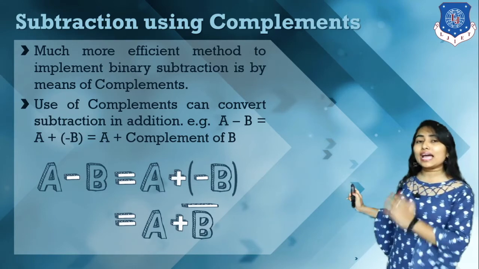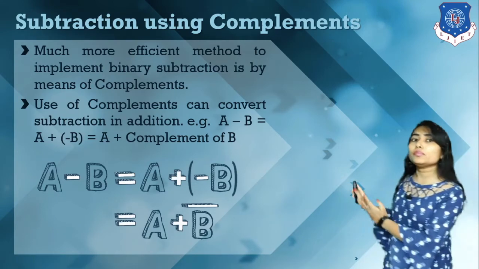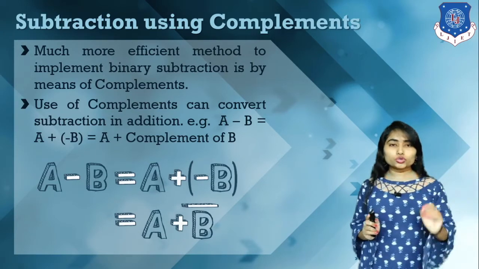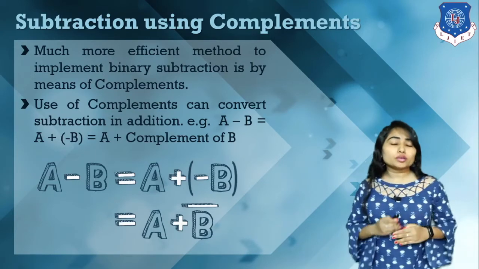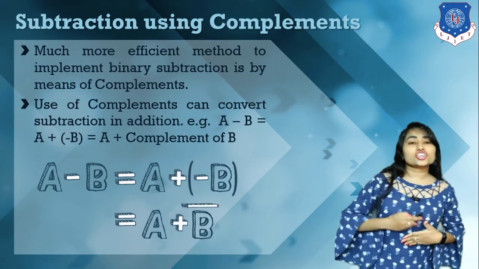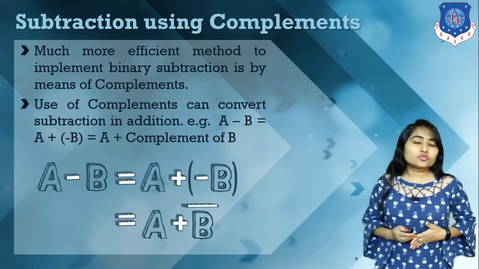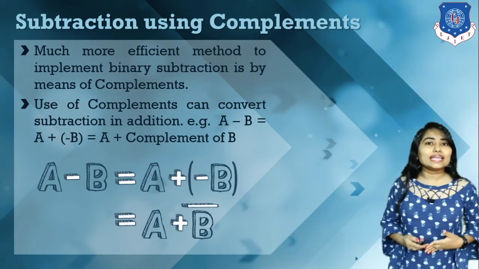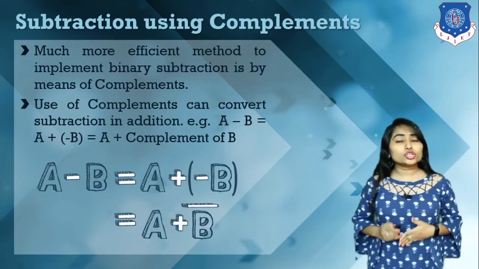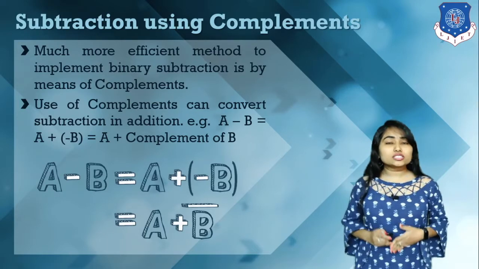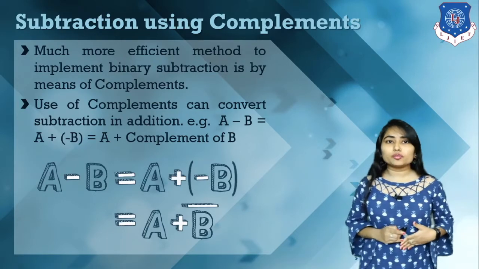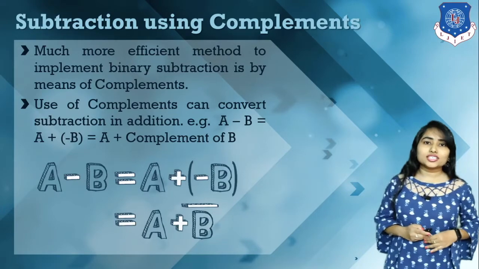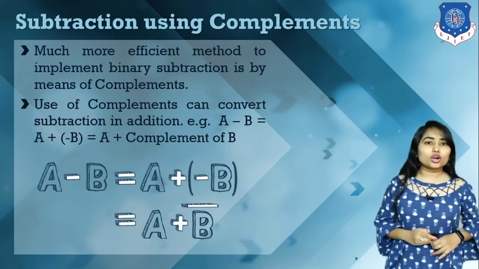That means we actually perform A plus B bar. So using the complement method we convert subtraction into addition. And as we know, addition in a digital computer is quite easy, so subtraction using complements is a much more efficient method. So let's first discuss how we can calculate complements.